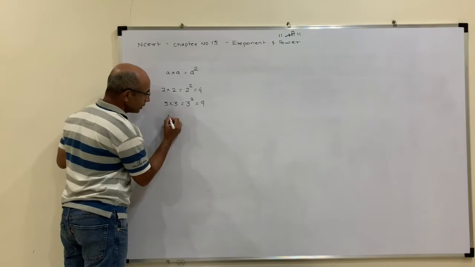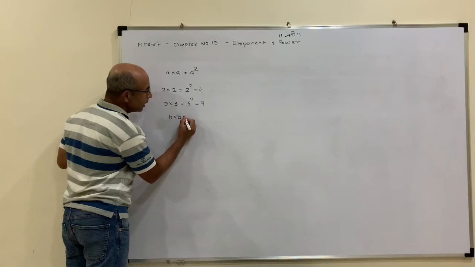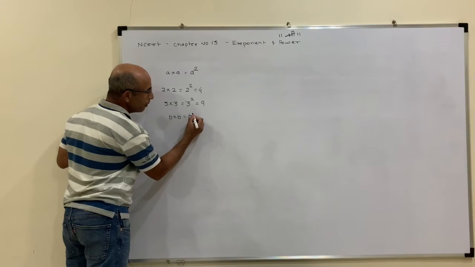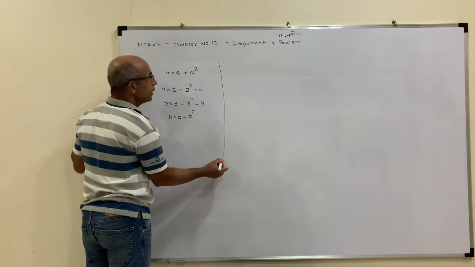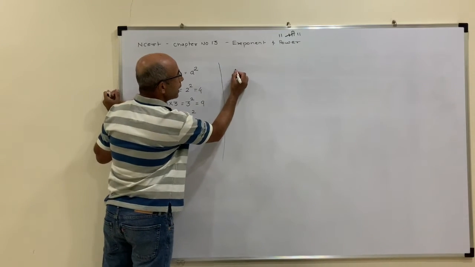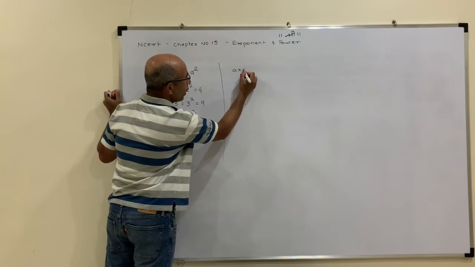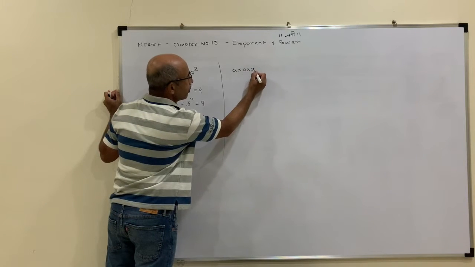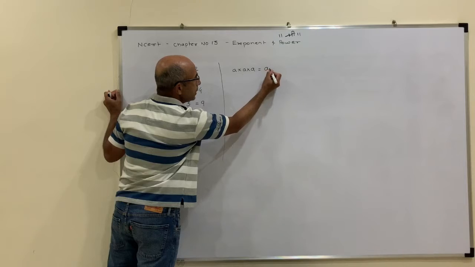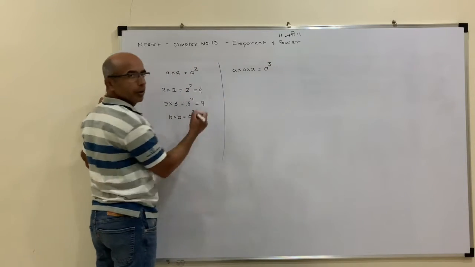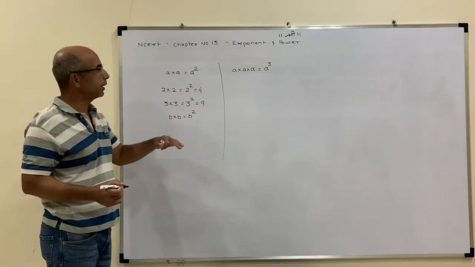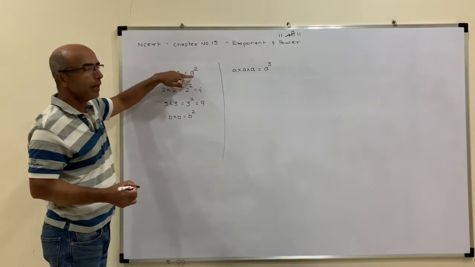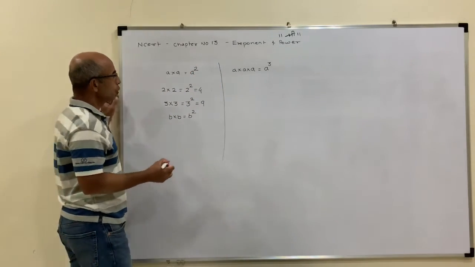In similar fashion, when we say b multiplied by b, it becomes b square. When a number a is multiplied 3 times, it becomes a cube, or you can say a raised to the power 3. Here you can say a raised to the power 2.